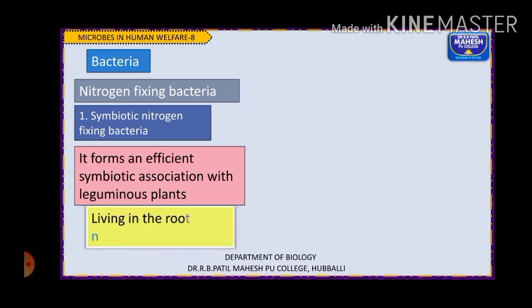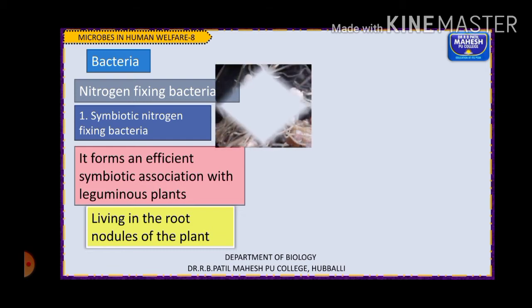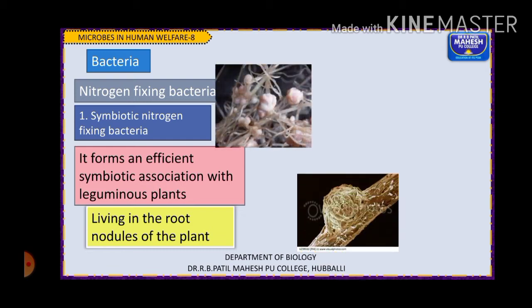The fixed nitrogen is in the form of nitrates and is used up by the leguminous plants. As I told you, these Rhizobium are present in the root nodules of these leguminous plants.